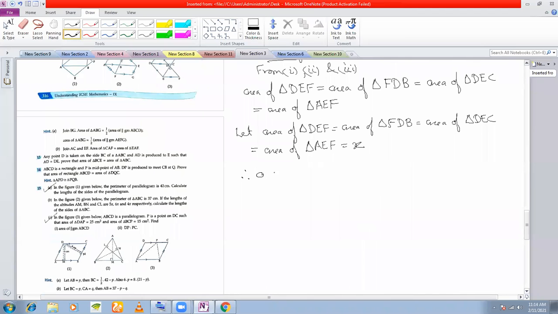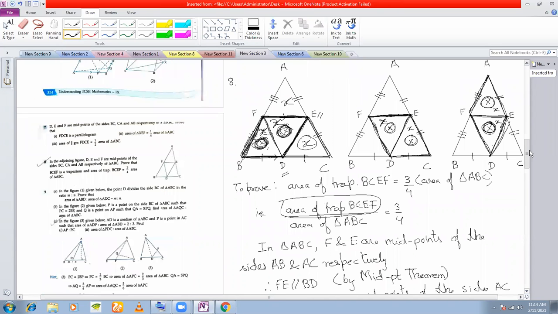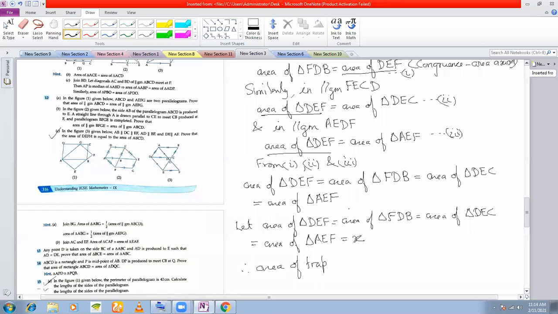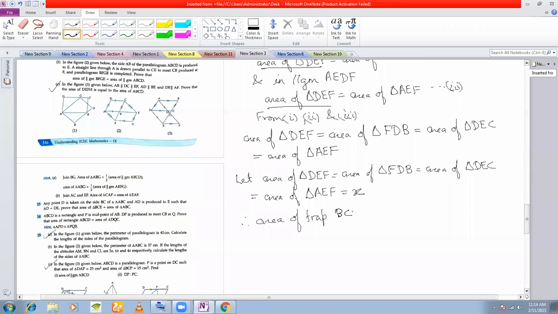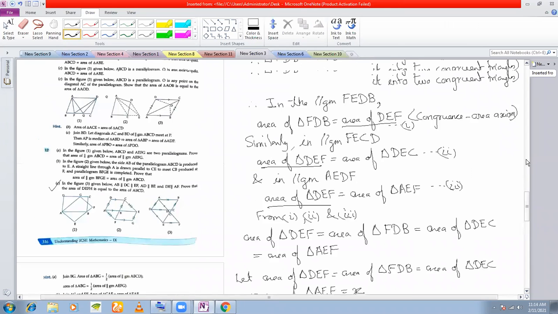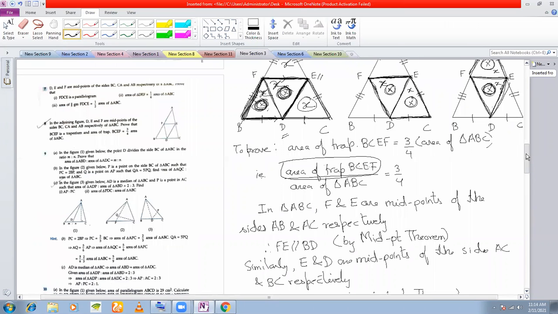Therefore, area of trapezium BCEF is equal to area of triangle DEF plus area of FDB and EDC.